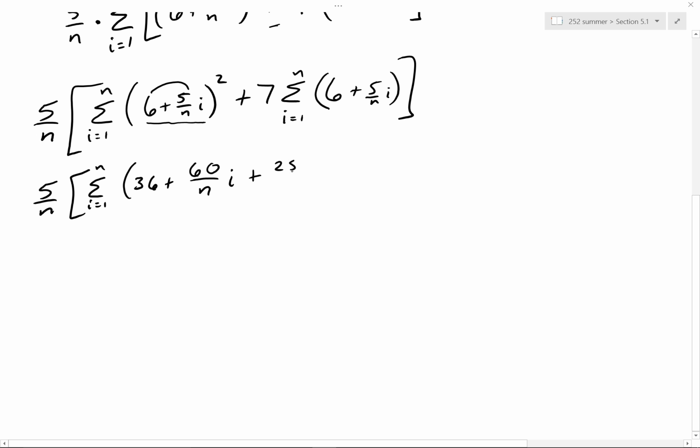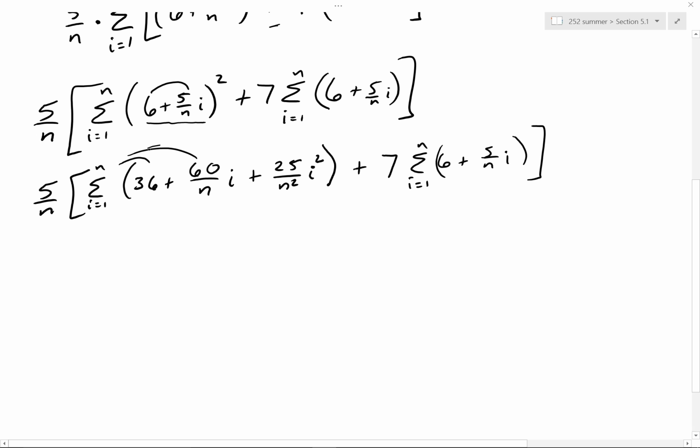Plus 25 over n squared i squared. Nice. Plus 7, and I'm just going to leave this one alone for right now, if that's okay with you, and it's 6 plus 5 over n i.